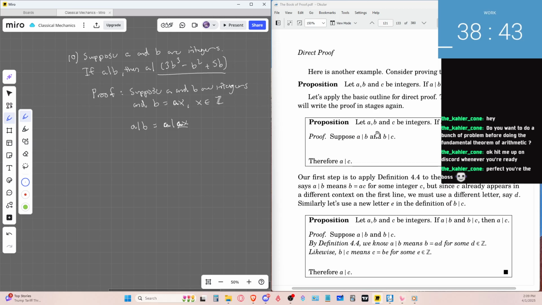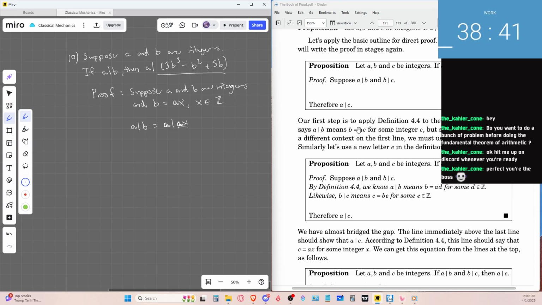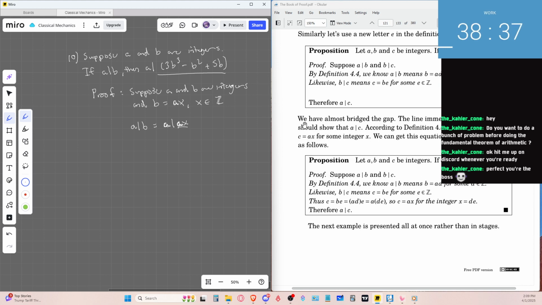Okay, these are the odd ones. Let's see, our first step is to apply, so we almost have to bridge the gap, the line immediately, so that means that we wrote that for the supposed part.